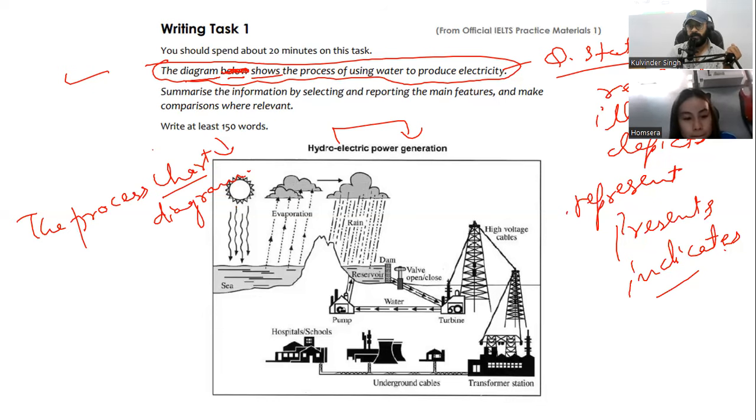So the process diagram illustrates, the process diagram depicts how the power or the electric power is generated or produced, right? How electricity is produced by the hydroelectric power generation process. Getting my point here? So this is the way that we can paraphrase the question statement.